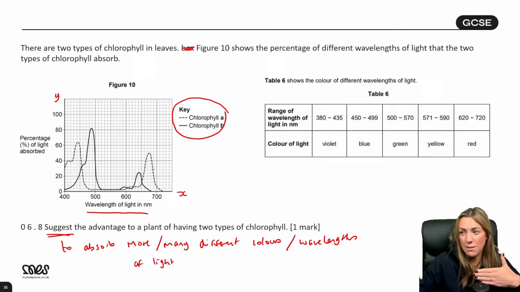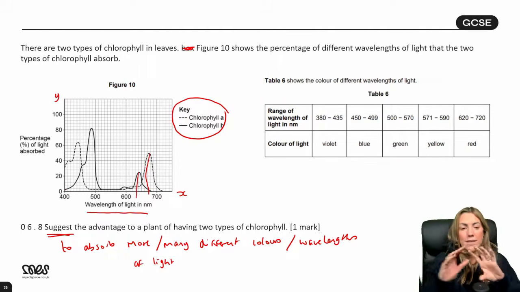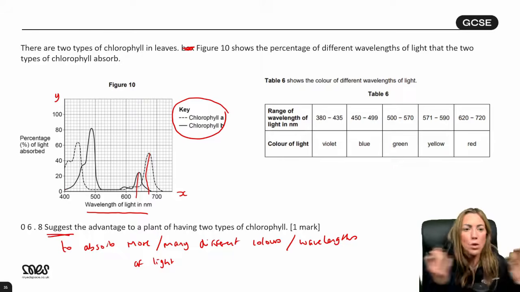Again, down this end of the spectrum, chlorophyll A is absorbing light around kind of 675 nanometers. Chlorophyll B is absorbing more light around 650 nanometers. So it's this idea that it's going to allow the plant to absorb a range of different wavelengths or many different colours of light.